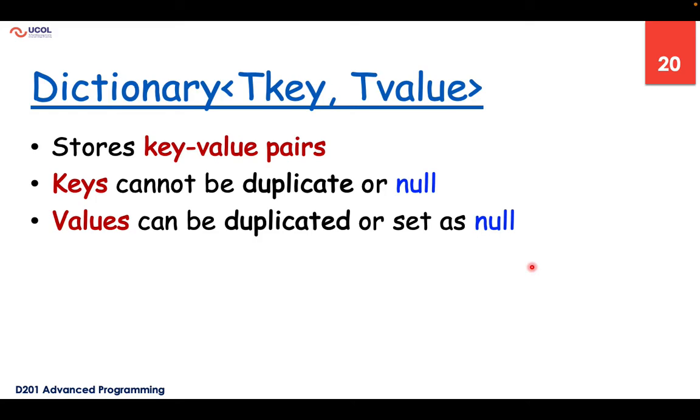Here the keys help us identify a specific value. If you are more familiar with databases, you can say it is a primary key. It has to be provided and unique, while values can be null and duplicate.